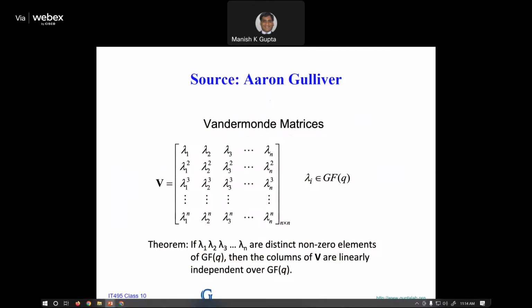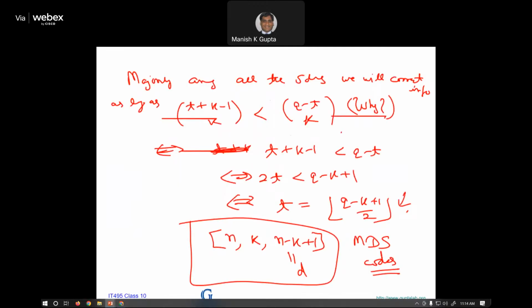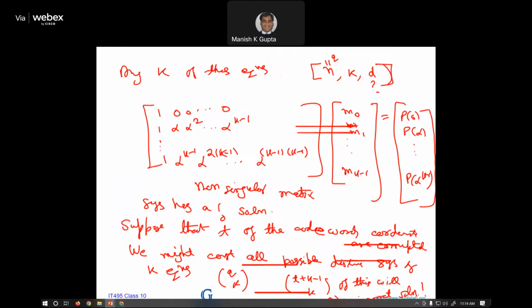So those q values of GF(q) you can take as lambda i and you can form this matrix. This kind of structure is there in the previous matrix here, right? Non-zero, non-zero.